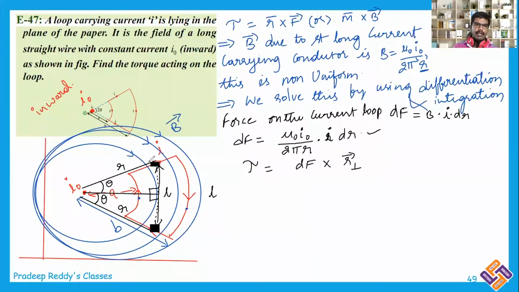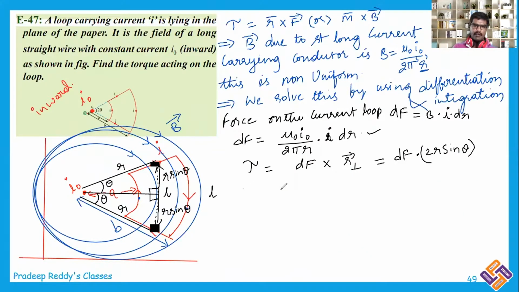Now you can take one right angle triangle. This is theta and this side is R, so obviously it will become R sine theta, and this is also R sine theta. So the total perpendicular distance is 2R sine theta.